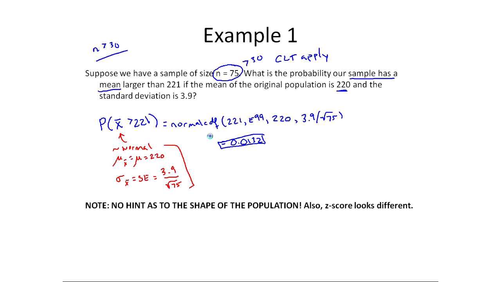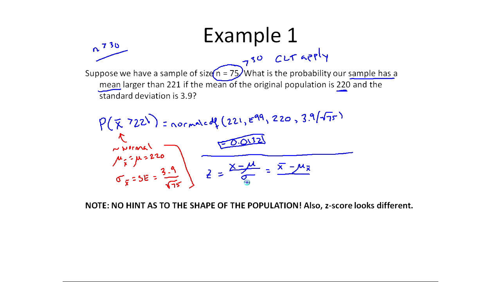Now, let's say you don't like using normal CDF, you like using a z-table. Your typical z-score is x minus the mean divided by the standard deviation, but it's a little bit different when you're talking about x bar, because now the point you're interested in is actually x bar. The population mean is that mean of means, which happens to equal the population mean anyway.